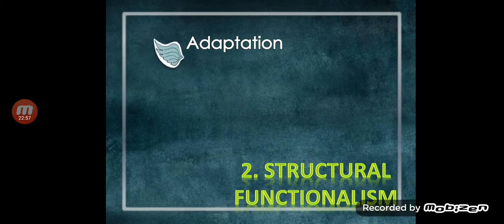For adaptation, that certain system must cope with external situational exigencies, meaning the system should adapt to the environment and the environment should adapt to its needs. Okay? What do I mean by that? I'm a person.